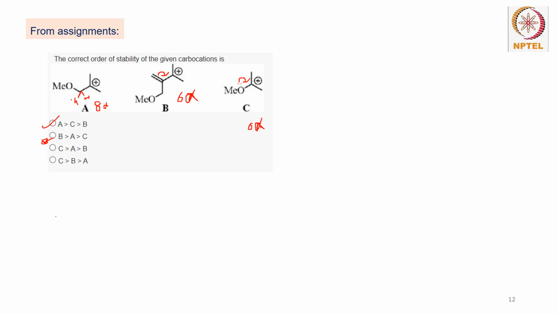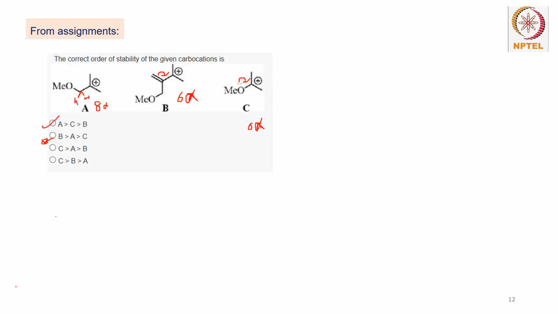It has more stability, so the highest stability is this A. Then both of them have 6 alpha hydrogen, so both of them have equal hyperconjugation stability, but here the resonance stability comes from the oxygen, so the oxygen is more prone to give its lone pair to this electron deficient center rather than the carbon pi bond, so it has greater stability than B. So the order will be A, C and B. Whoever answered, I was just confused by the answers, that's why.